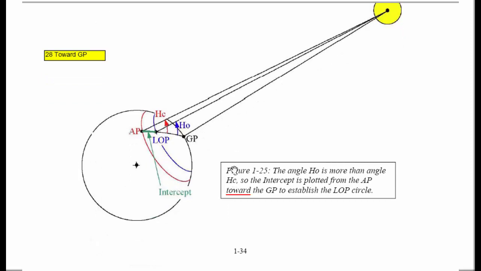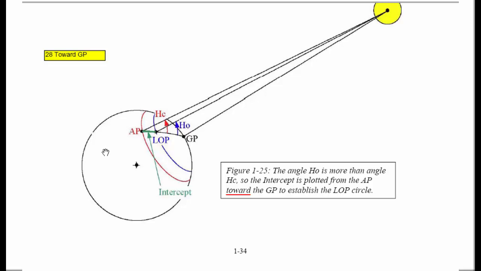So let's look at figure 125. And here we have the sun and the sun's GP. We have the assumed position on this red circle. And we have the line of position on this blue circle. The blue circle is defined by HO. And the red circle, AP, is defined by HC.